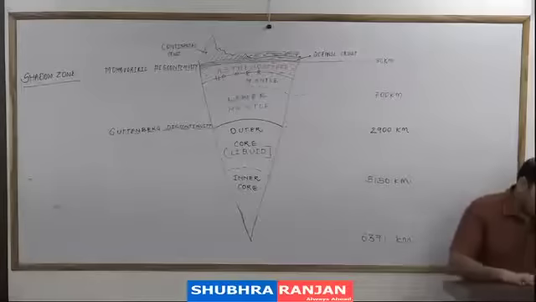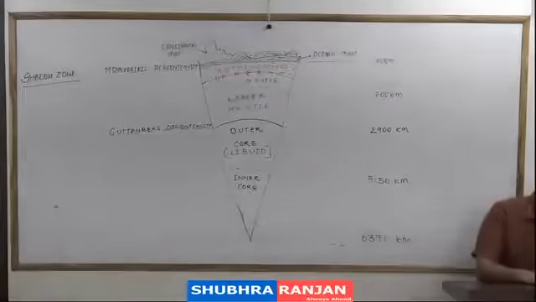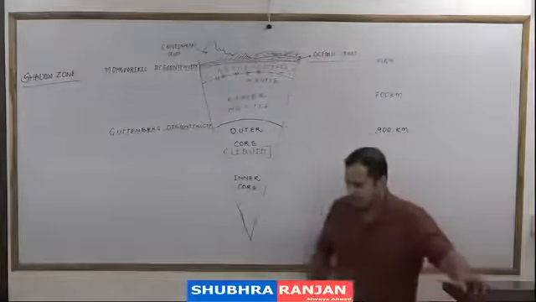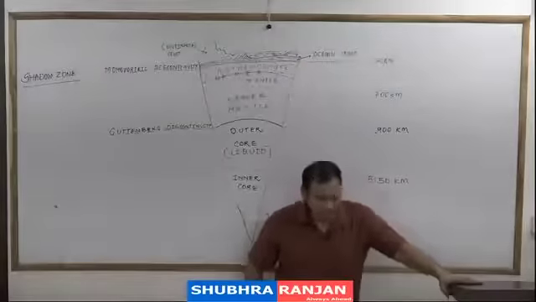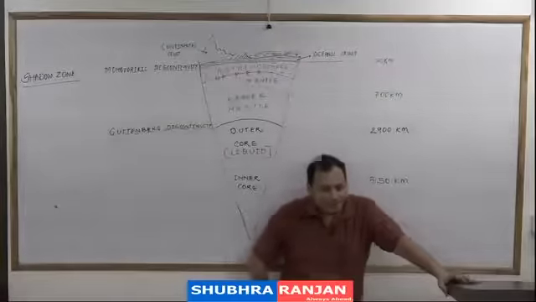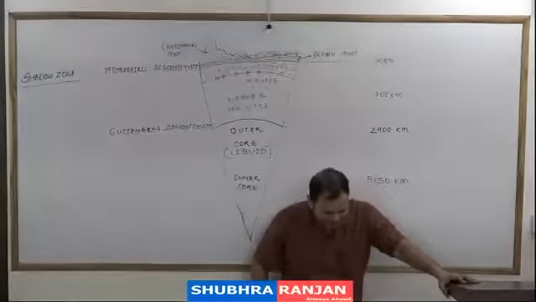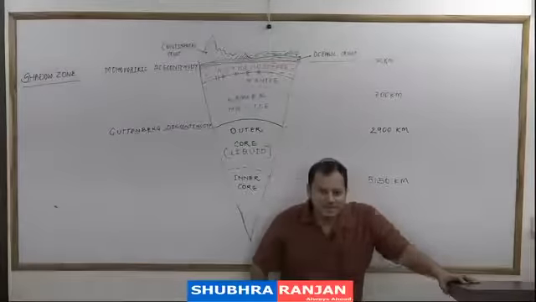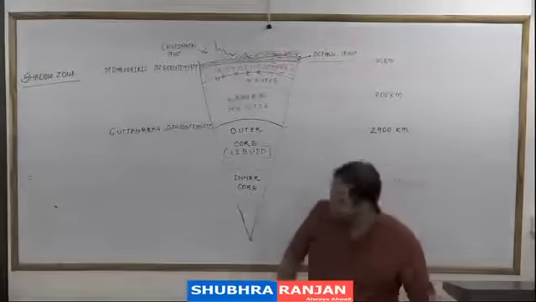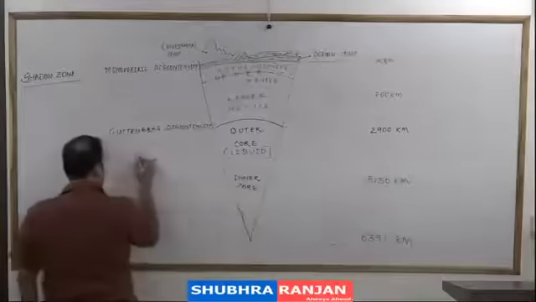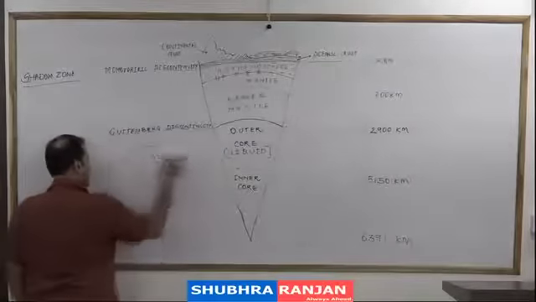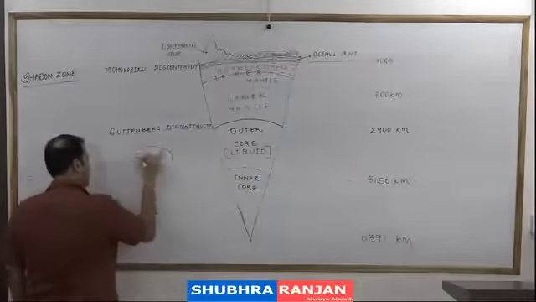Continental crust is composed of lighter minerals or materials such as what? Silica and aluminum.